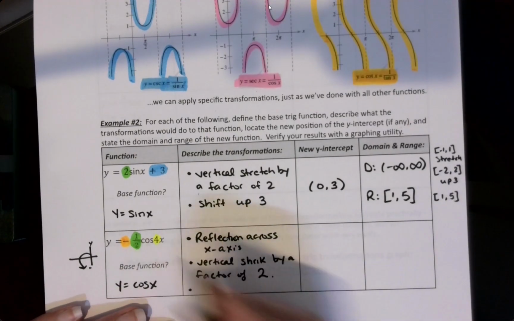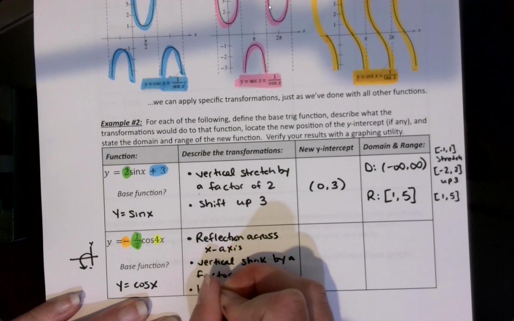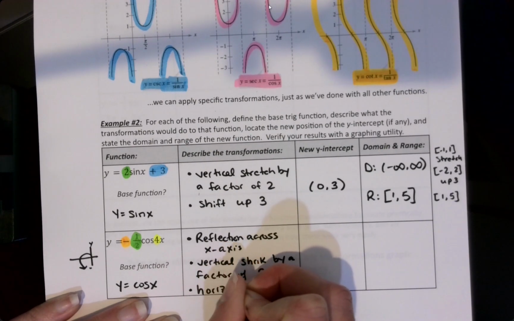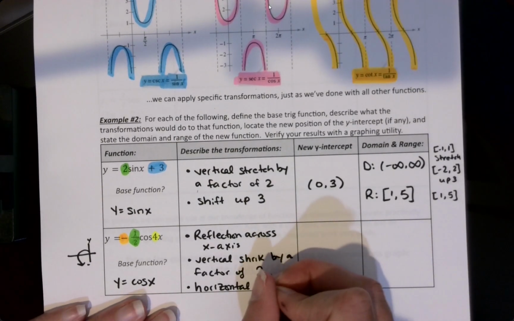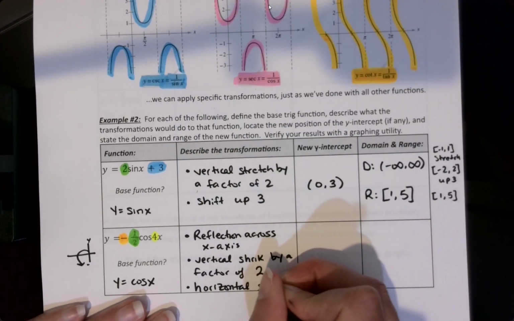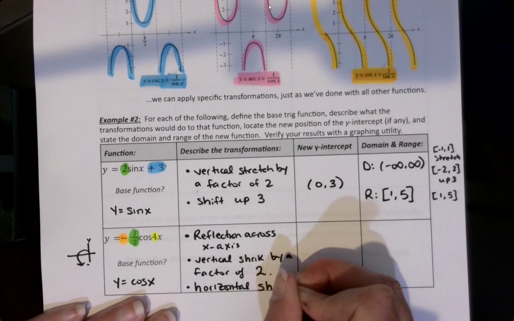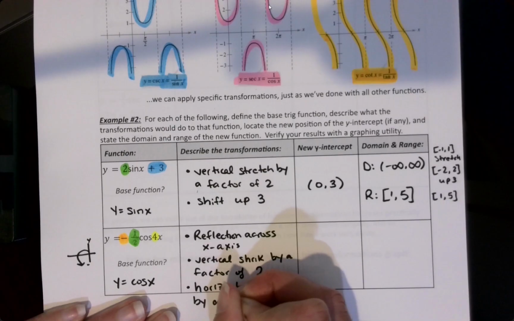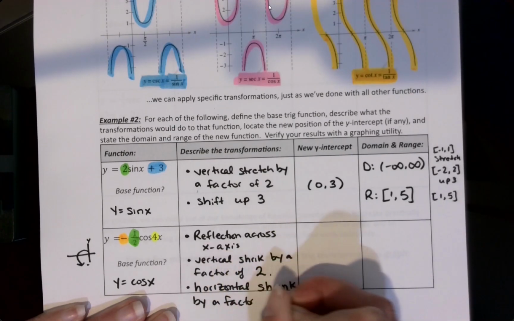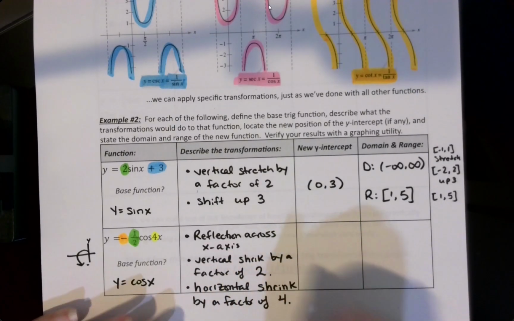And then the 4, that's going to be a horizontal stretch or shrink. Horizontal stretches are fractions less than 1. So horizontal shrink is going to be that number, 4. It's going to be a horizontal shrink by a factor of 4.